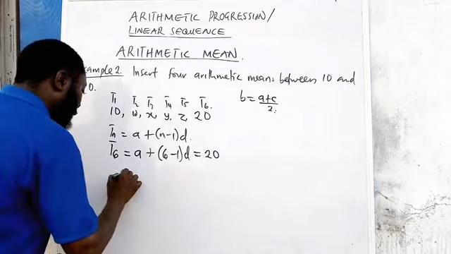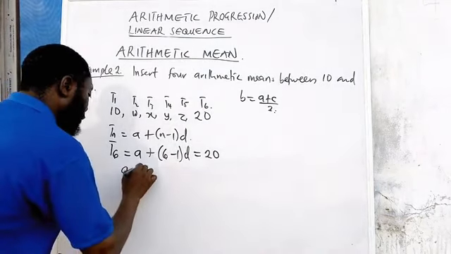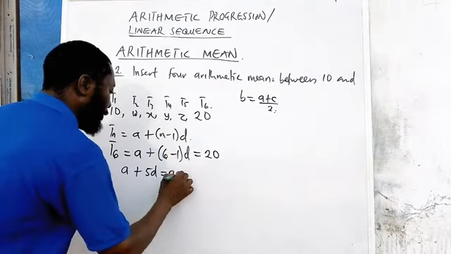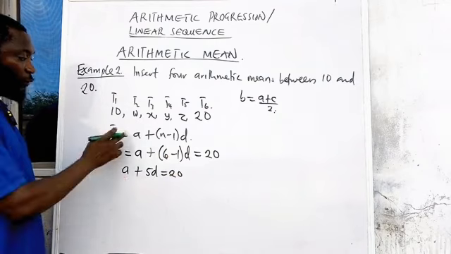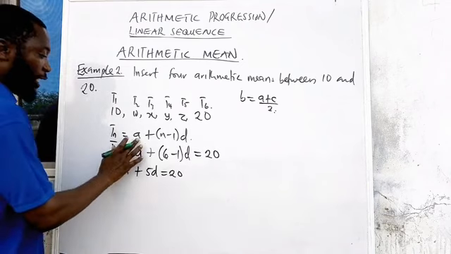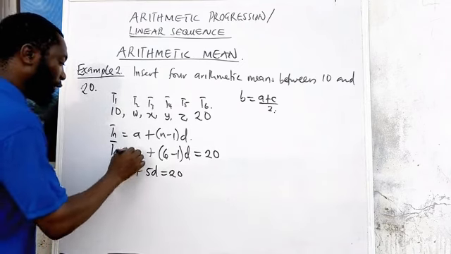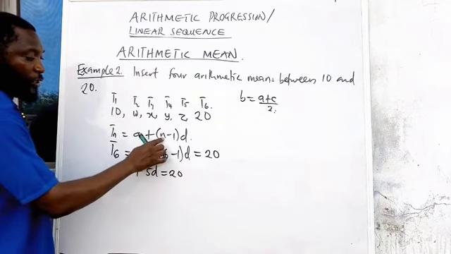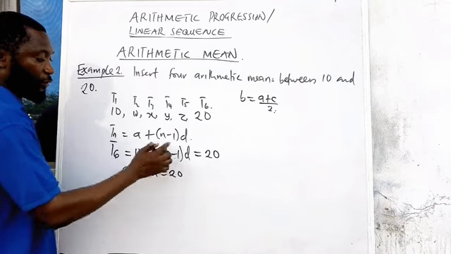Now we simplify further, so we have A plus (6 minus 1), that is 5D, equals 20. But in this question also, don't forget our first term is 10. We can just put that in, so first term is 10, n is 6, and we don't know the value of D.